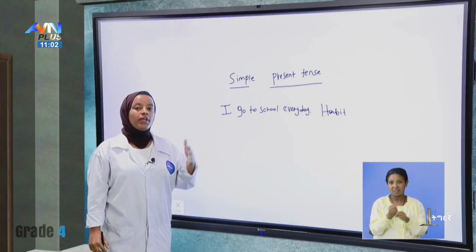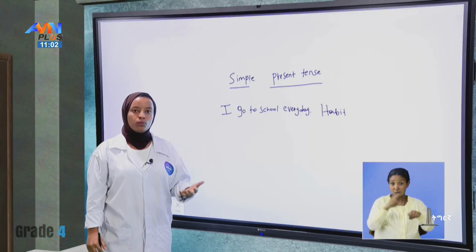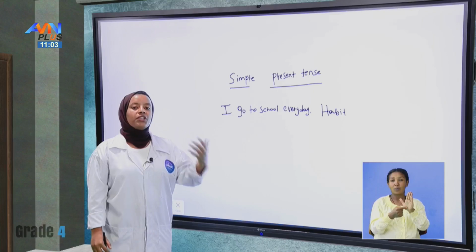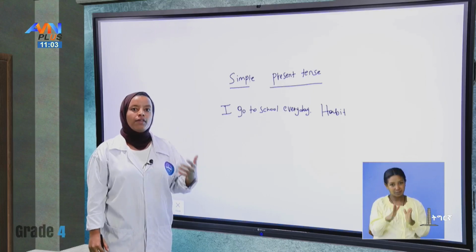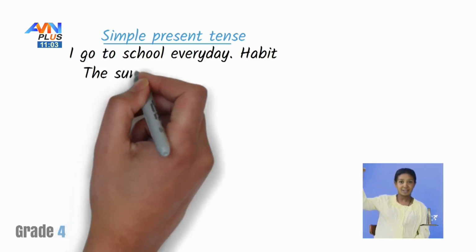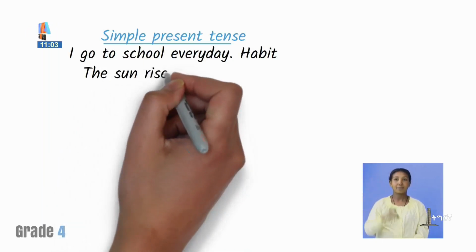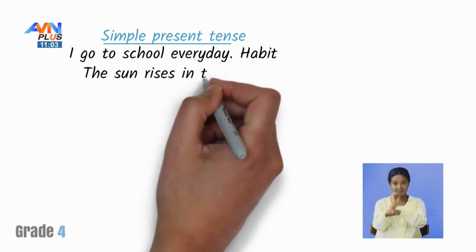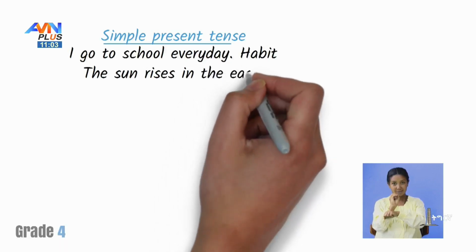The second, we can use simple present tense to show also general facts. General facts like, the sun rises in the east.